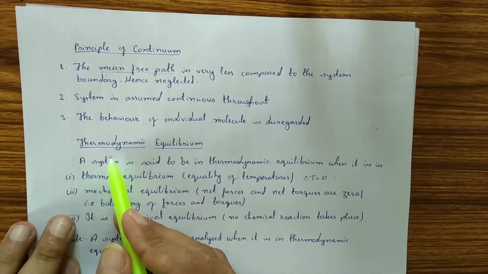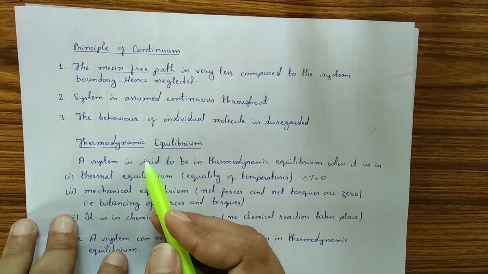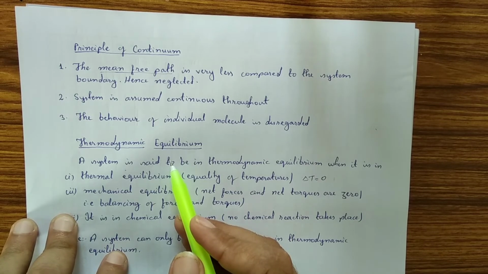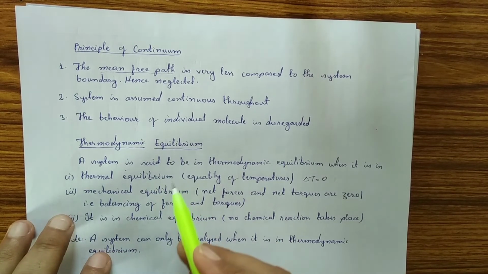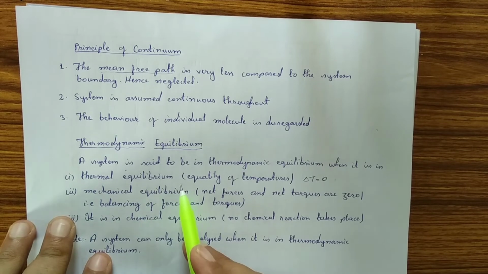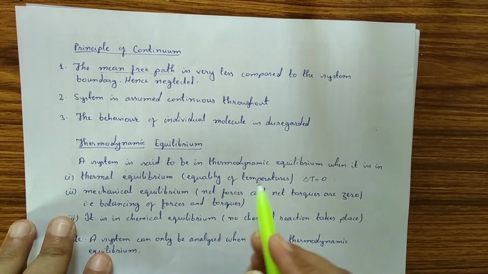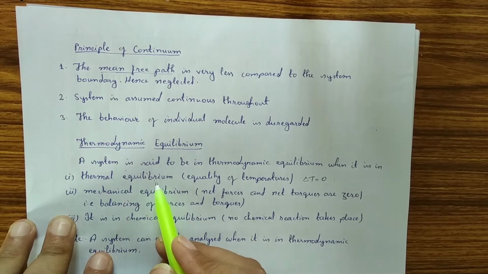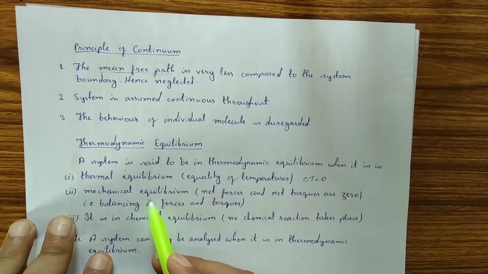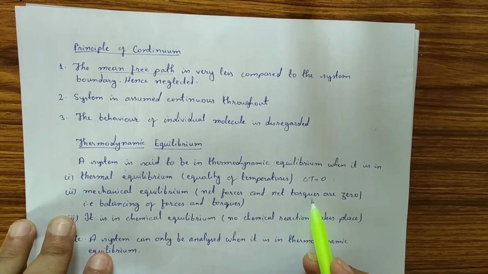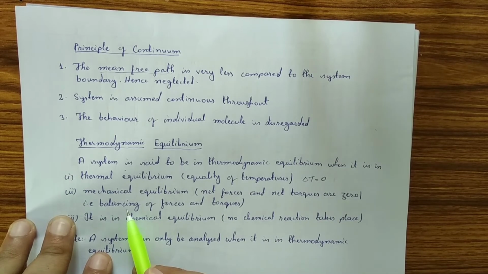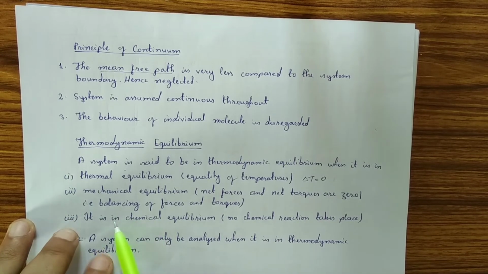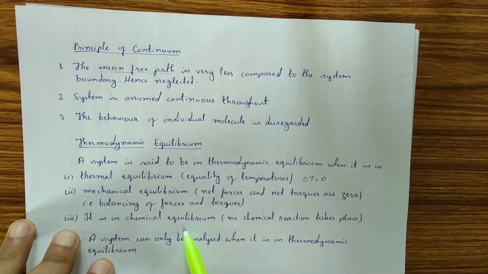Now, thermodynamic equilibrium. A system is said to be in thermodynamic equilibrium when it is in thermal equilibrium, that is equality of temperature, delta T equal to 0, the temperature is the same throughout the system. It should be in mechanical equilibrium, net force and net torque are 0, that is there is a balancing of force and torques, and it should be in chemical equilibrium, that is no chemical reaction taking place.